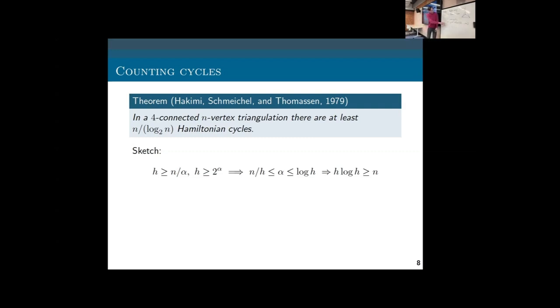But if we assume this, we have Hamiltonian cycles traversing them, and if we divide by the number of diamonds, this is okay. H is at least n over alpha, because we just get rid of what we double count if one Hamiltonian cycle goes through several.